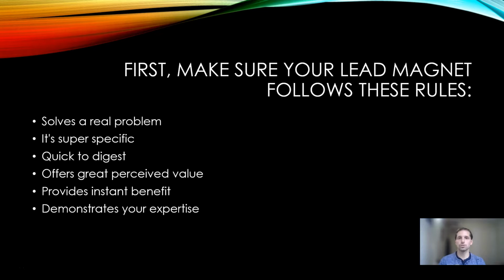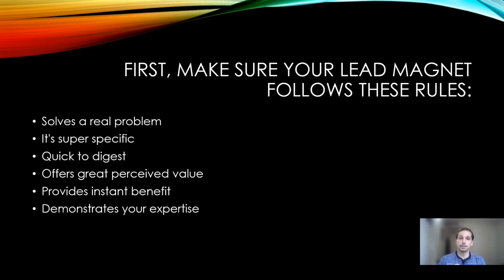And first, we're going to see the top rules that it needs to follow to be a top lead magnet. The first and most important rule is it needs to solve a real problem. And it needs to be specific to solve that problem. Then, it needs to be quick for people to be able to read it or to watch it.